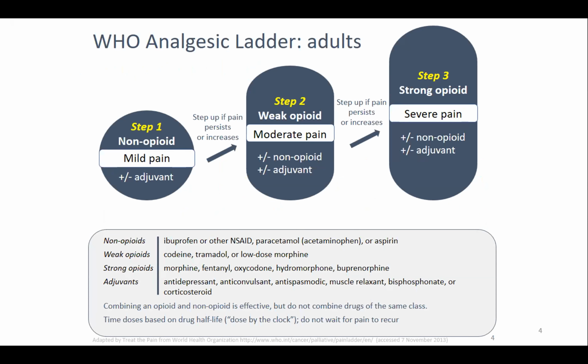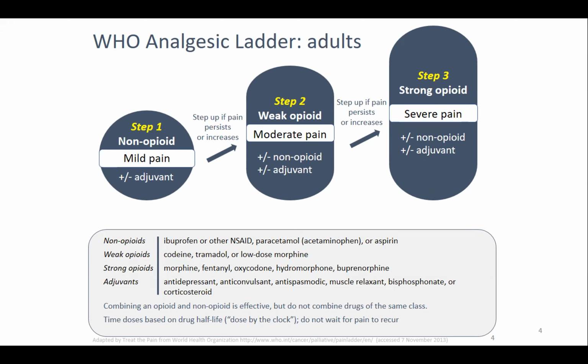So if a patient has a pain score of 1 to 3, which we said is mild pain, we have what we call non-opioids, where someone talked about paracetamol in the group. Brufen, the non-steroidal anti-inflammatory agents, that's where they would fall in.